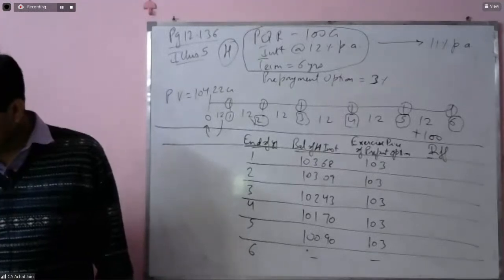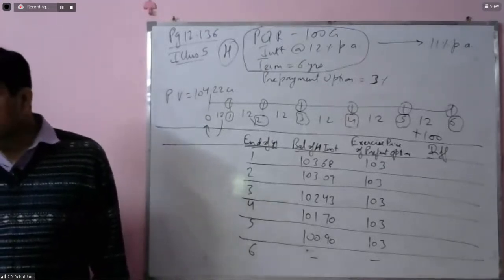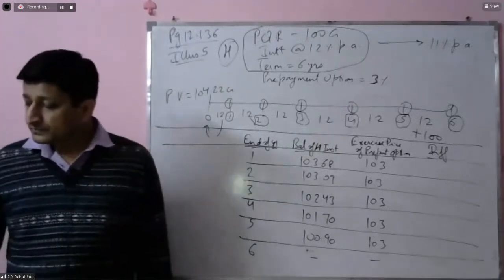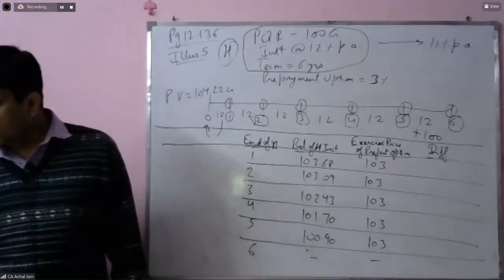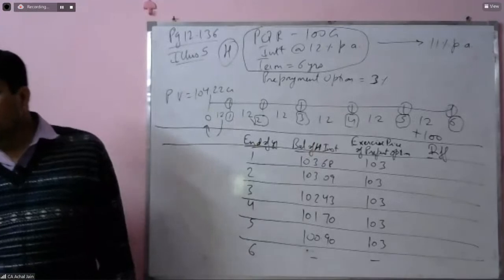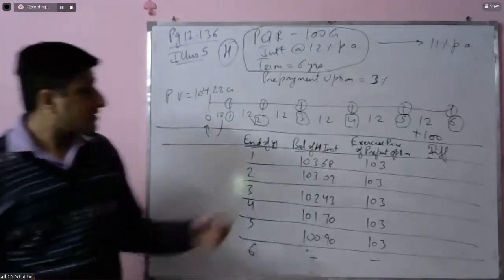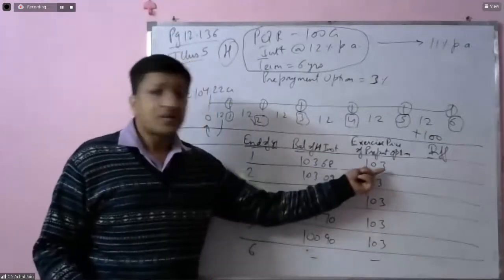So in the first year, we have 103.68. What's the difference percentage? So this comes out to 0.67. So we are just considering the difference percentage over 103.